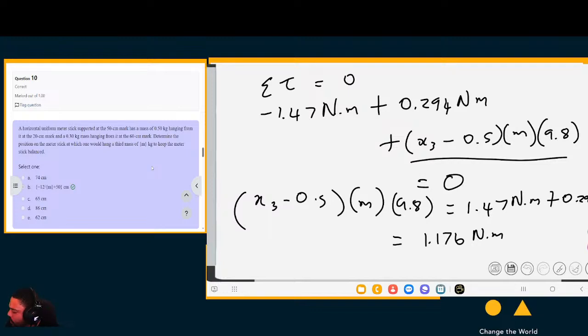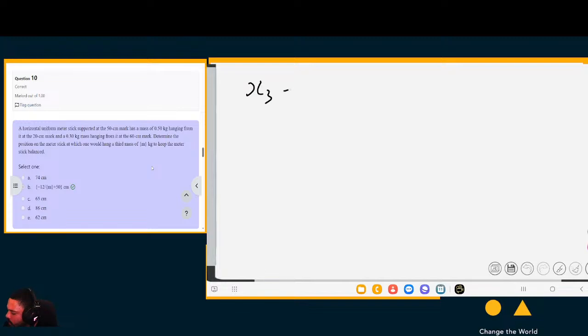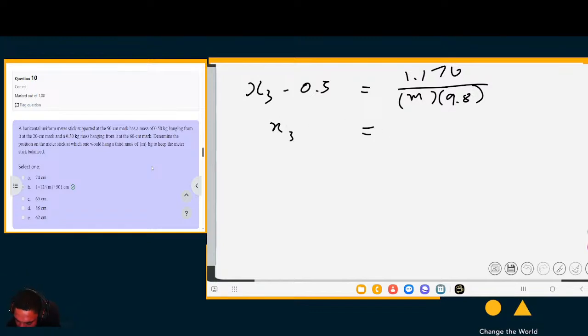If you divide both sides by m times 9.8, you get that x3 minus 0.5 is equal to 1.176 divided by m times 9.8. Therefore x3, moving the 0.5 to the other side, it becomes positive 0.5.